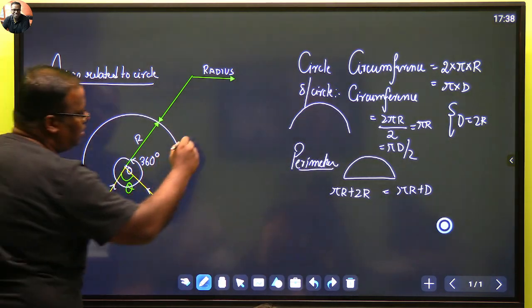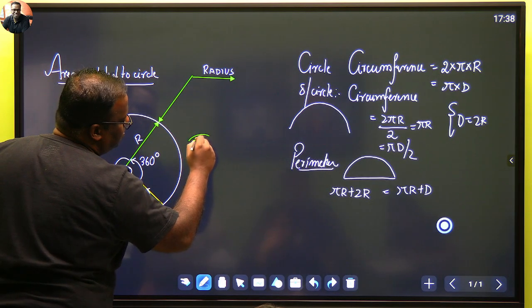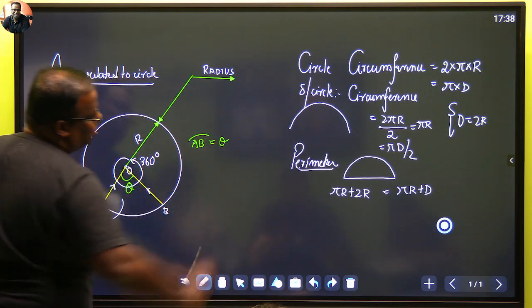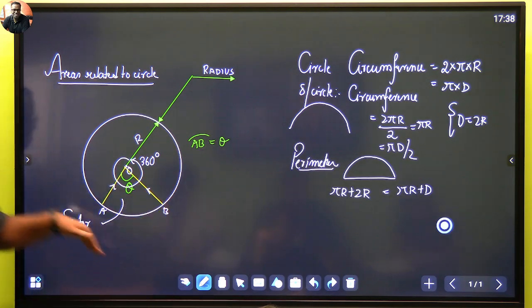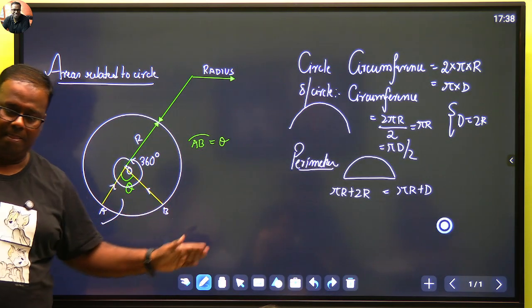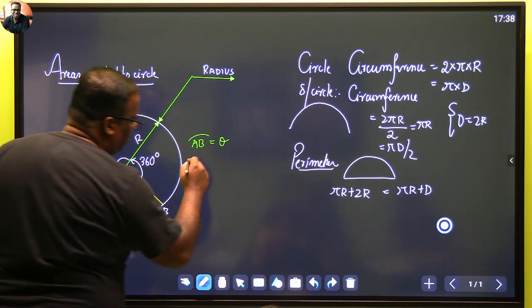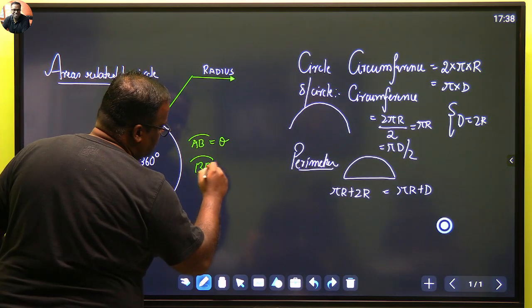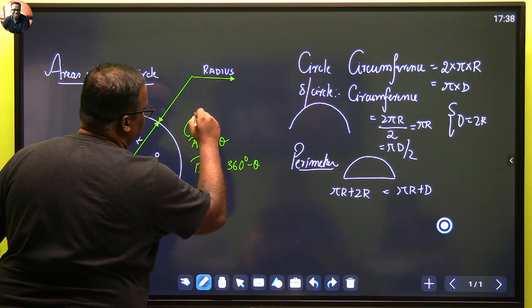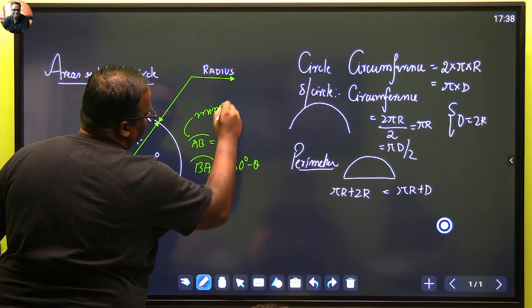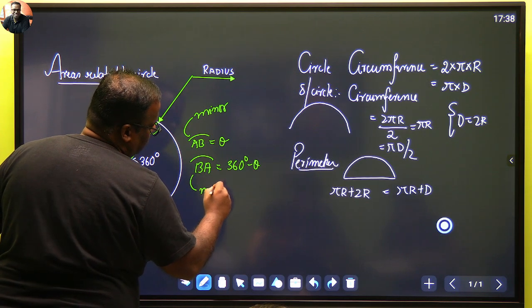We write arc AB subtends an angle equal to theta. Have you understood this nomenclature? AB means from A to B, right? So we will have the major arc which is known as BA. This subtends 360 degrees minus theta. This is my minor arc, and this is my major arc.